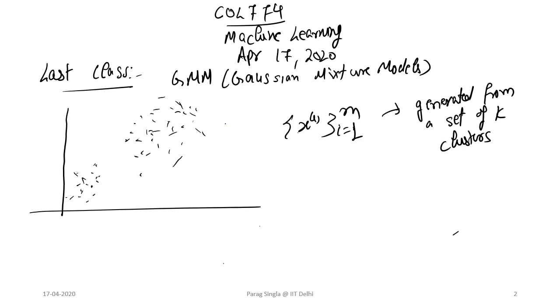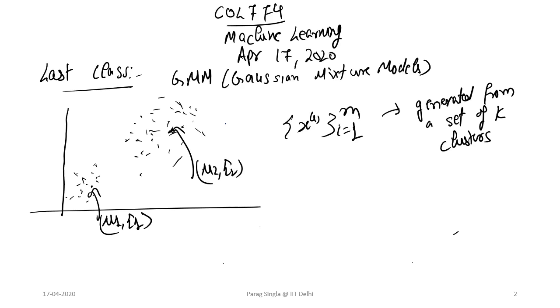And in this picture on the left, we are representing these k clusters by this set of points here. Okay, and each cluster comes with its own set of parameters, let's say mu1, sigma1, and mu2, sigma2, right?